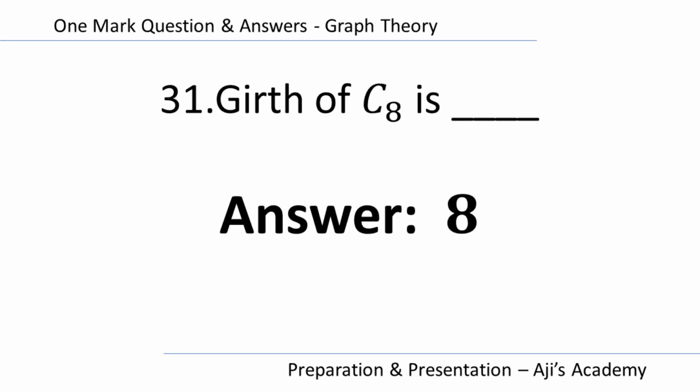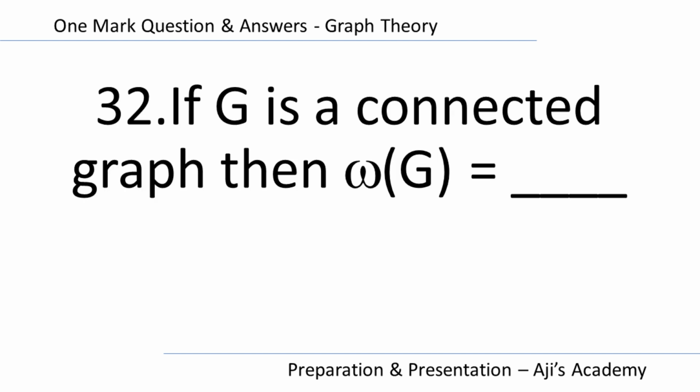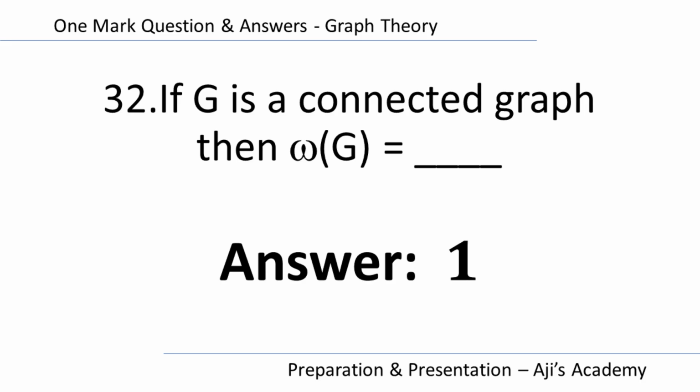Therefore the girth of C8 is 8. Question number 32. If G is a connected graph, then omega of G equal to dash. Omega of G is the number of components of a graph. So simple question, answer is 1.